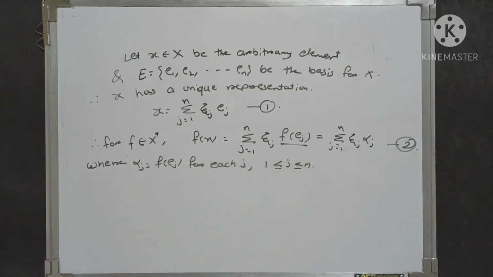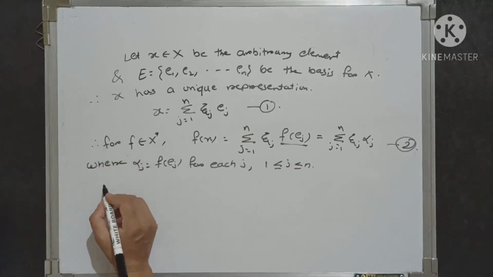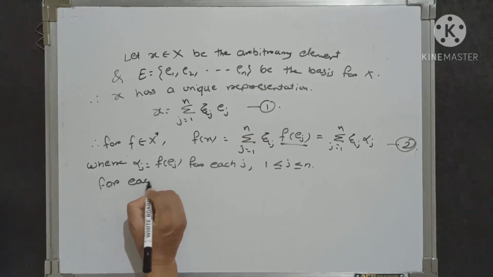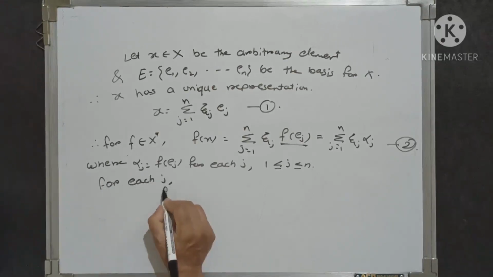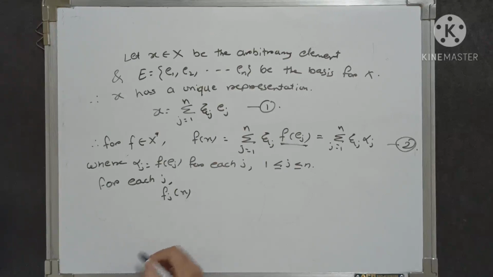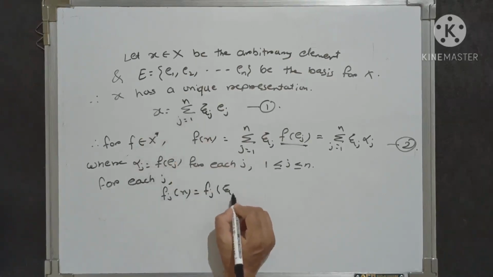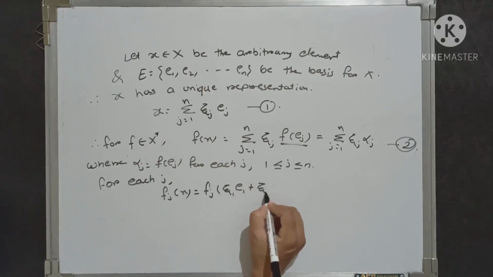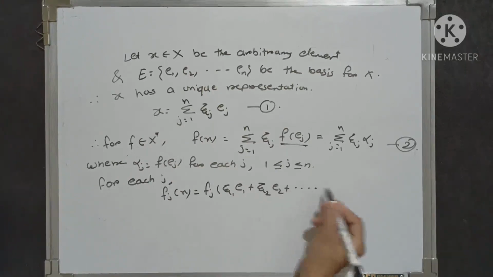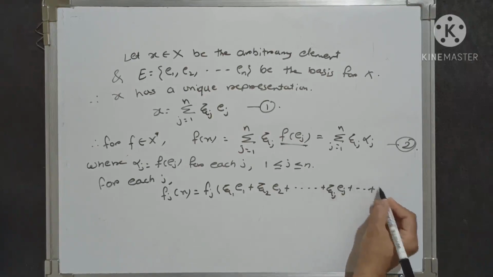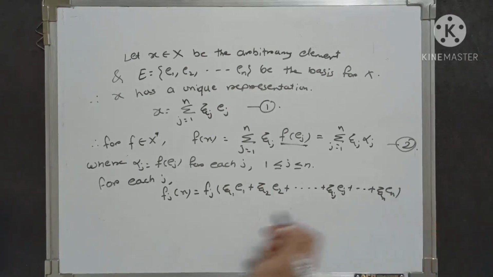Now also, for each j, consider fj of x. We put in the value of x, which is xi1 e1 plus xi2 e2 up to xij ej up to plus xi n en.